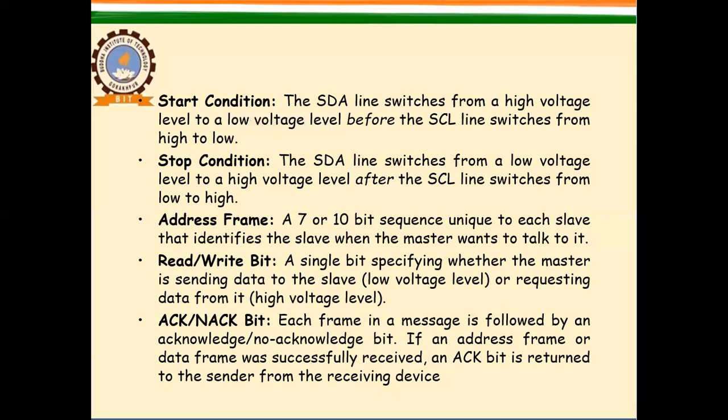If the data is sent from the master and is successfully received by the slave, then the slave sends an acknowledge signal that the data is received. If the data is sent from the slave to the master, the master sends an acknowledge signal that data is successfully received. So this signal is sent by either the master or the slave, depending on the data transfer direction.